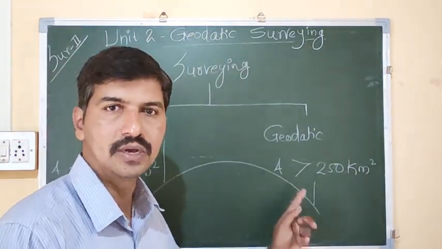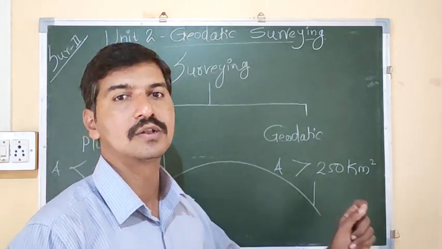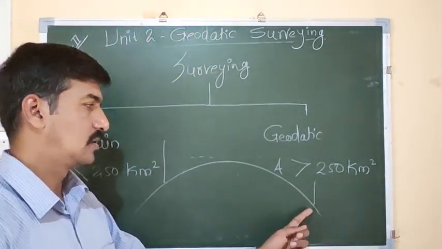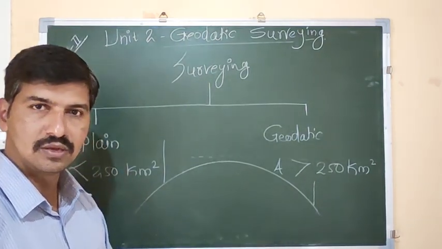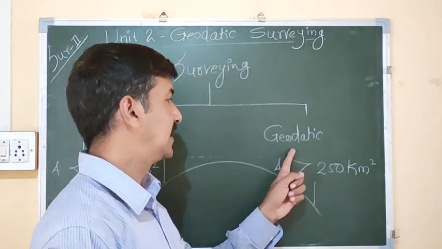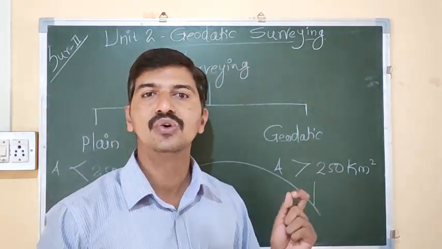It is parallel to your mean spheroidal Earth surface. So, if we consider the curvature of the Earth while taking the observations for the surveying, that survey is called geodetic survey.